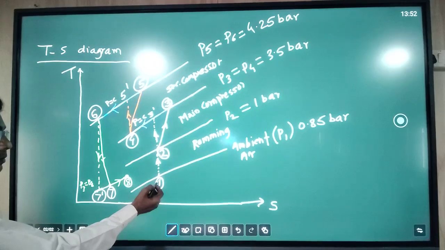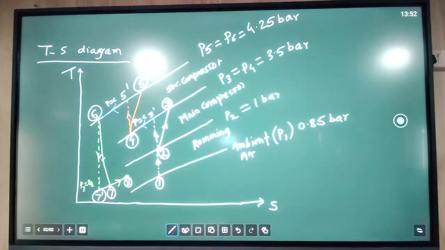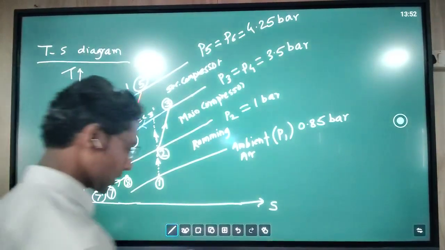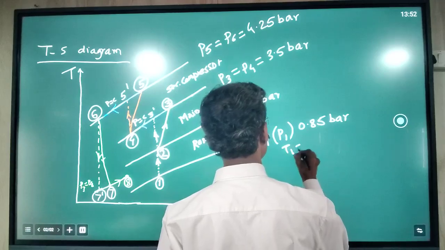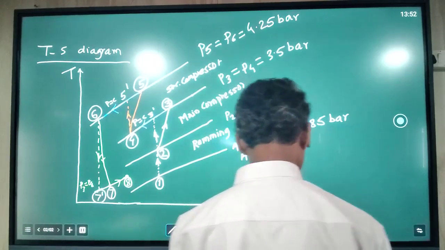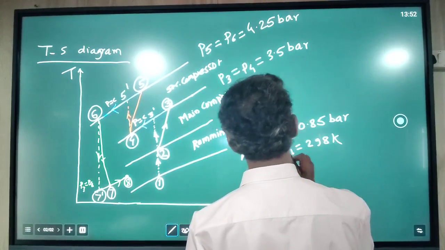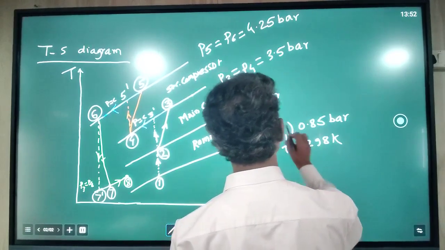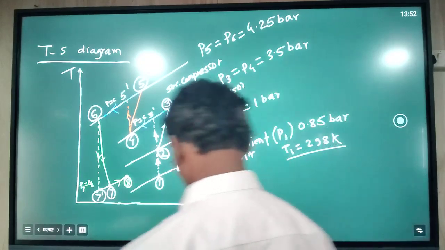For point number 1, its pressure and temperature values are given. The T1 temperature value we can write as 15 degrees Celsius, that means 298 Kelvin. So the condition of air at the entry we know.